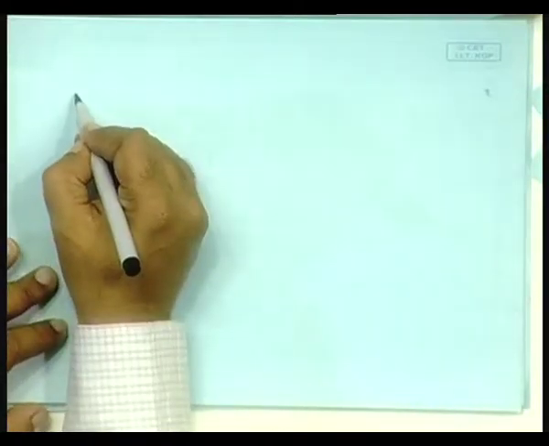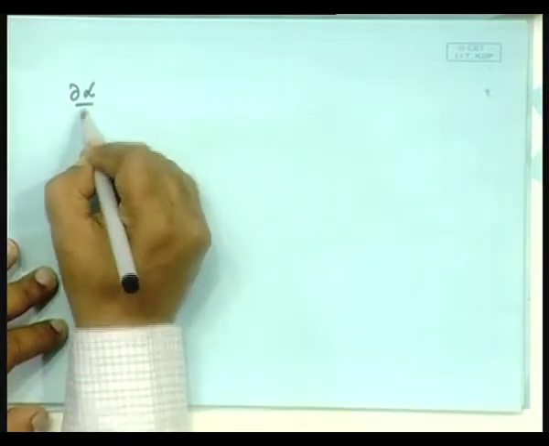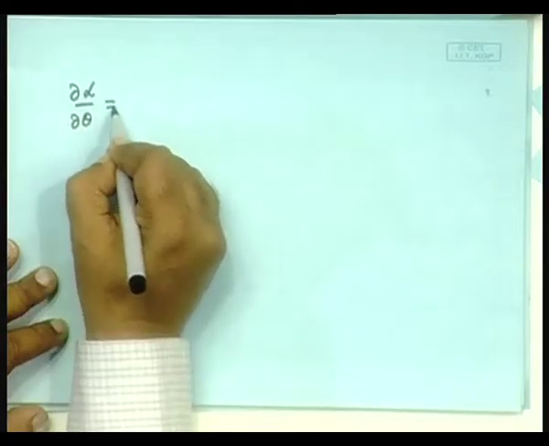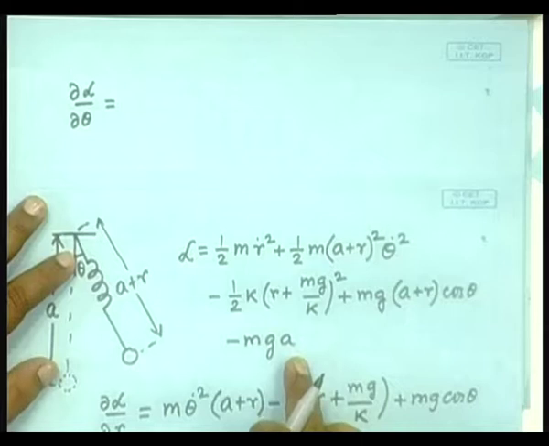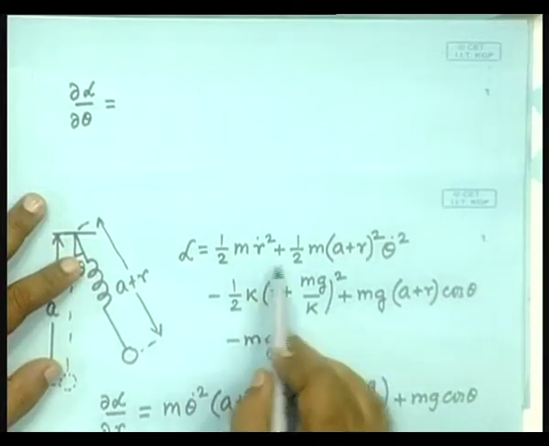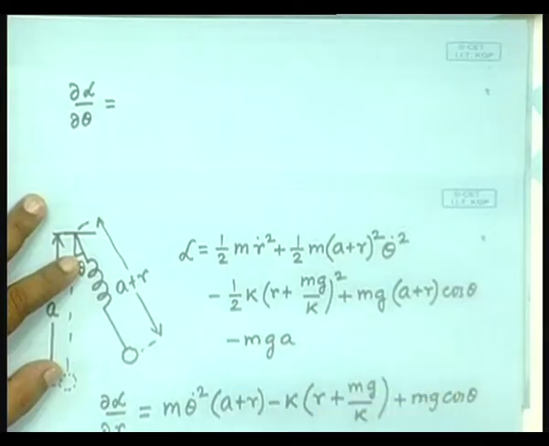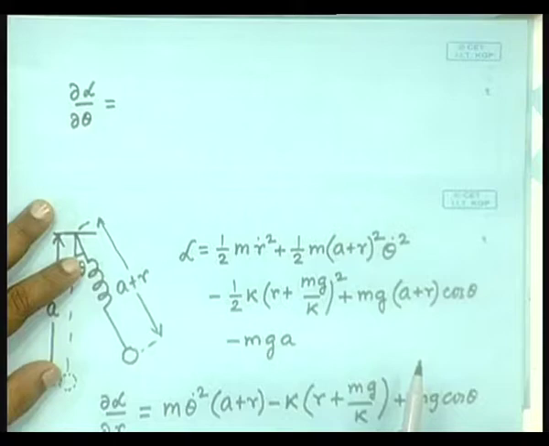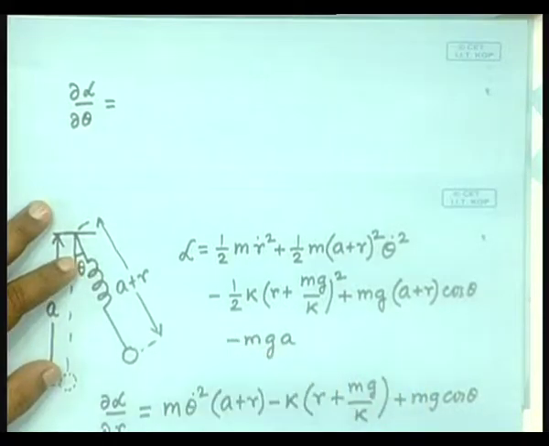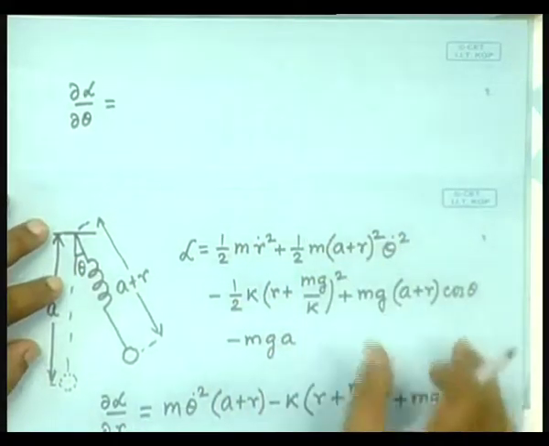Done. First problem completed. Second, we write the same things with respect to theta. So, Lagrangian dou theta will be, well, this was the form, this vanishes, this vanishes, this vanishes, it is only here. So, it is pretty simple. What remains? Only this term.